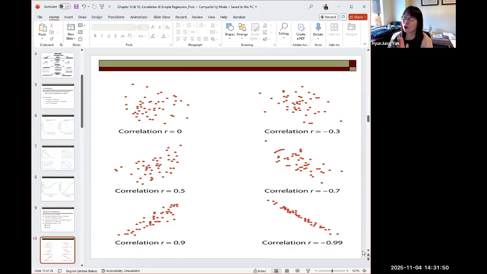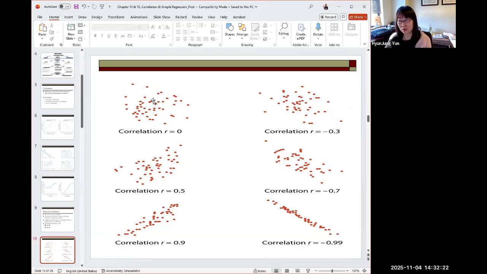Okay, so this is a scatter plot. You can see how correlation values go along with the scatter plot and the relationship between variables. So let's say this is an x and y graph. When you see random scatter plots like that, whichever way the x and y variables go, we can't really see any pattern.